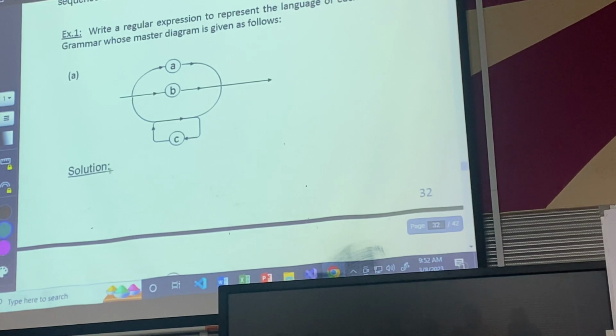So we should write it as the regular expression. We can write as LG also, or you just put it as regular expression in words equal to A or B or C asterisk.